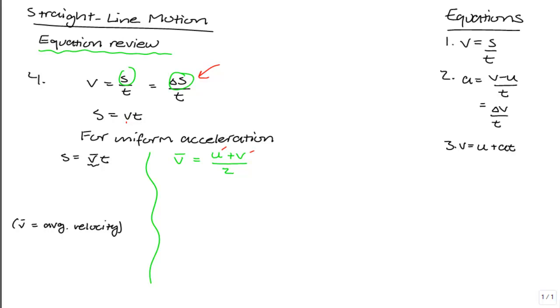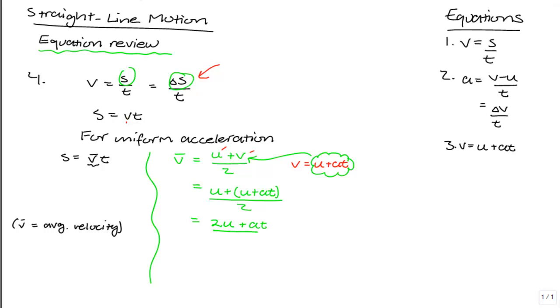Remember that we said that v is equal to u plus at. So you can substitute the right hand side of the equation, the u plus at, into this equation in place of v. So in that case, what you would get is v average is equal to u plus u plus at, all divided by 2, which works out to be 2u plus at divided by 2.